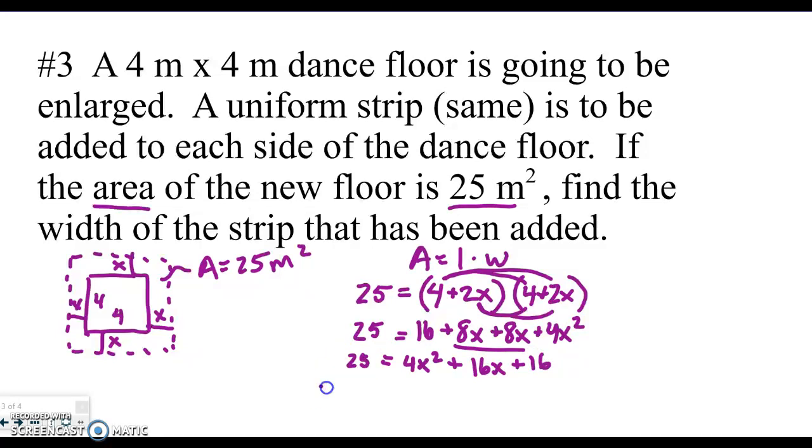Need to make it equal to 0, so I subtract 25 from this, and I am left with 0 equals 4x squared plus 16x. 16 minus 25 is 9. Okay, negative 9. So there I am. All right. So I'm looking at something like that that I'm going to have to go through and factor. All right, so now I'm going to rewrite it up here.